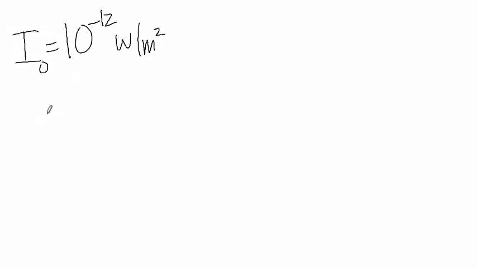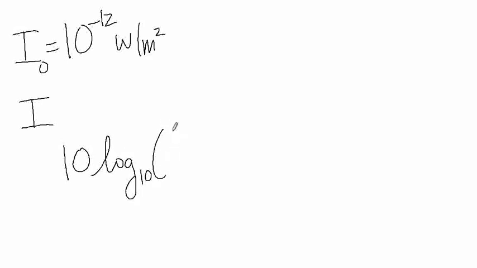If we wanted to find the decibel value corresponding to some intensity I, we multiply by 10 the logarithm to the base 10 of the ratio of I over I naught. That will equal the number of decibels.